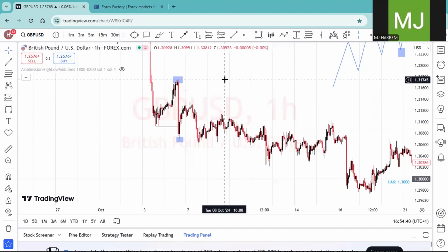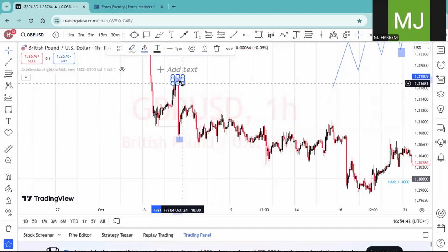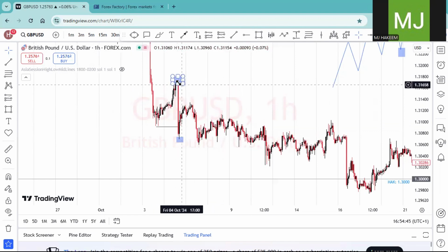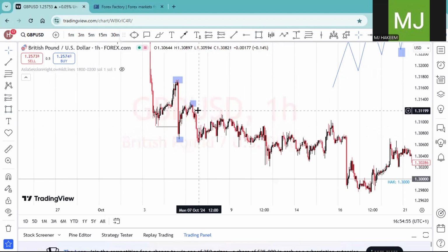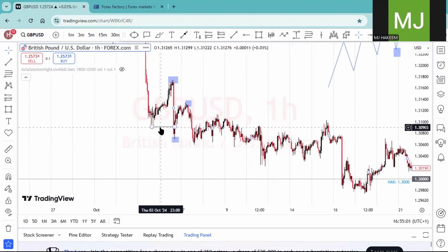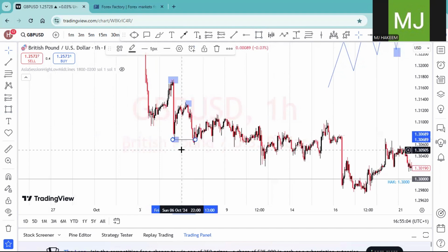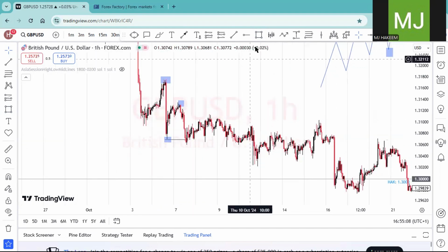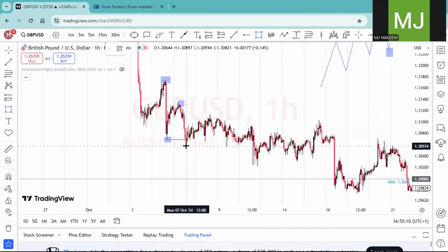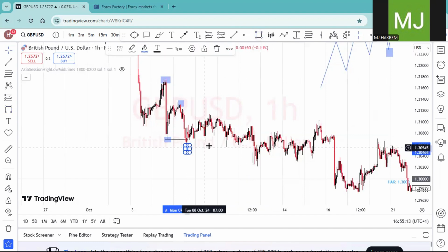The same way I used to quantify that this level is our new lower high: if the high that the market forms does not break the last low, it will never be qualified as a lower high. Here it breaks this last low to the downside, because this is now the last low that the market formed. Immediately it breaks this last low, automatically we have a new lower low.